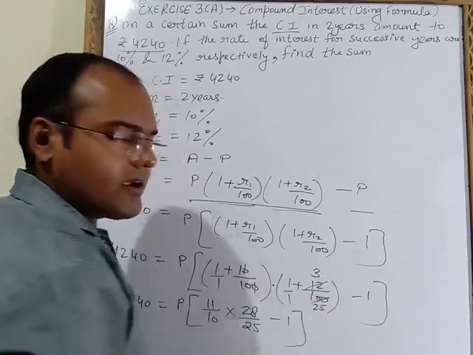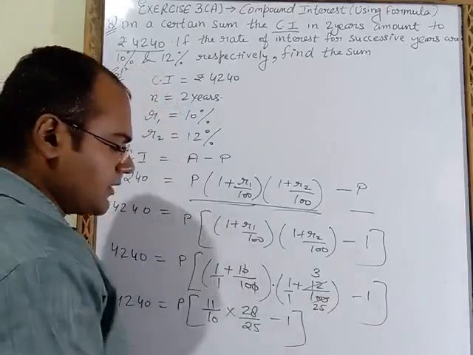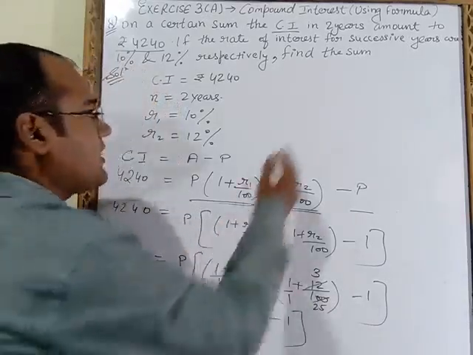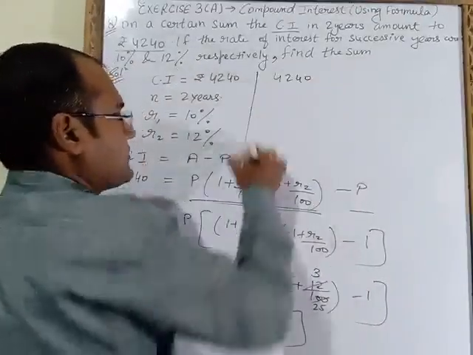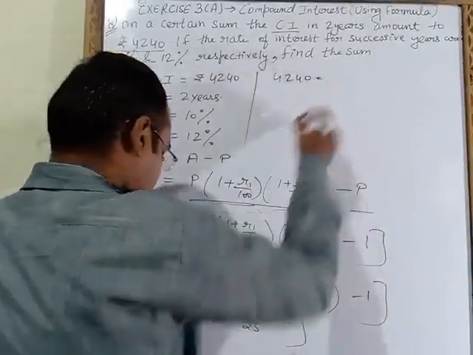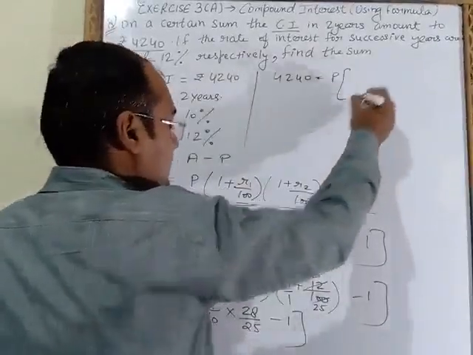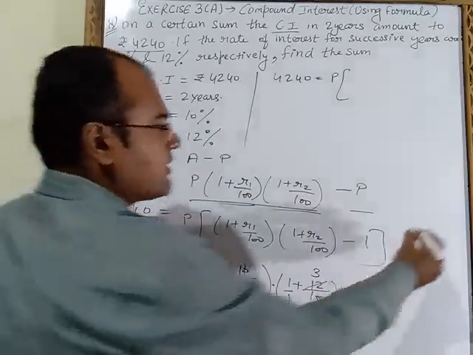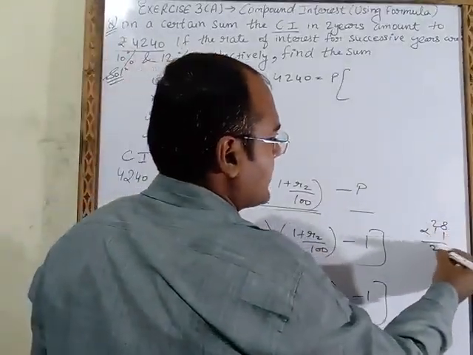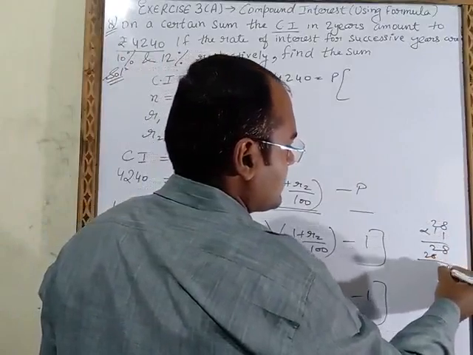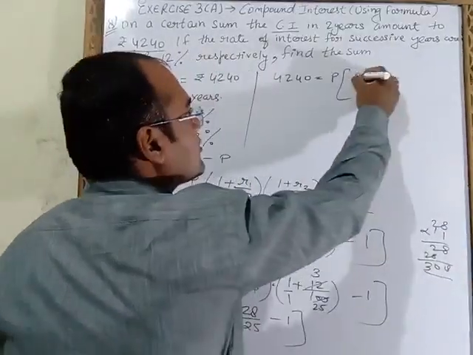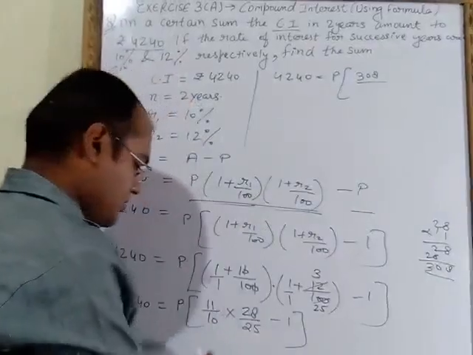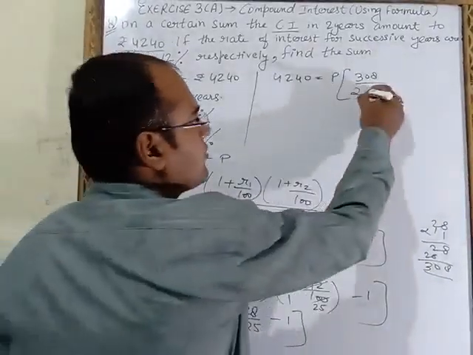This minus 1 we have to write as it is. Now what you have to do, this left side as it is equal to P bracket, we will multiply these two, 11 into 28. So on multiplying we will get 308 upon 10 into 25 will be 250.